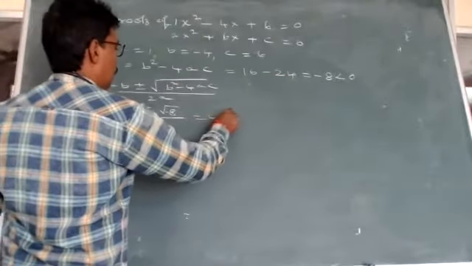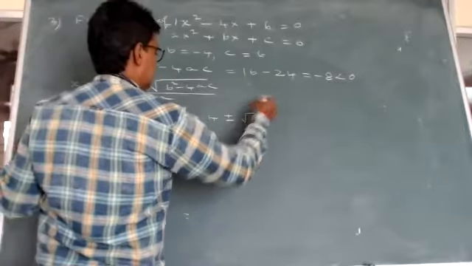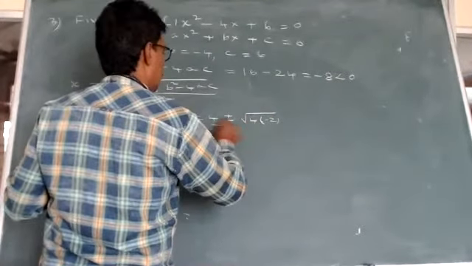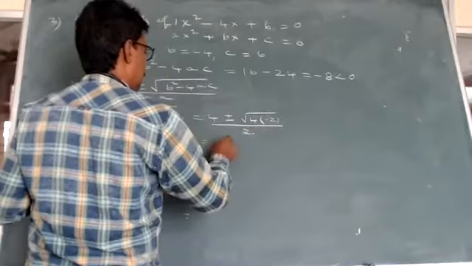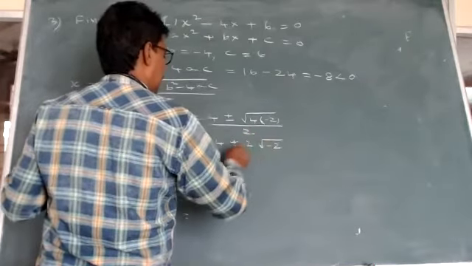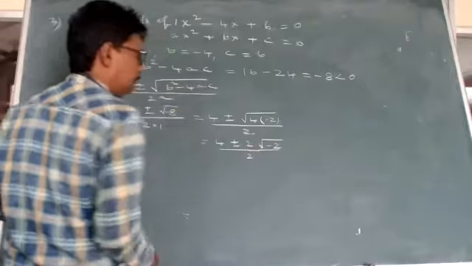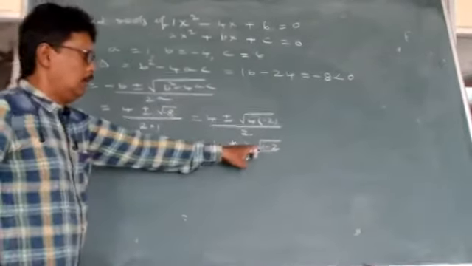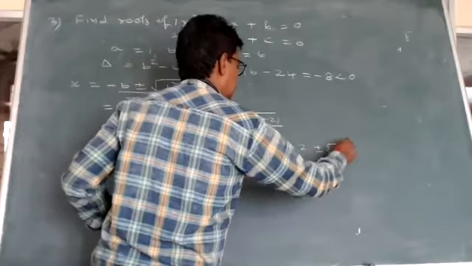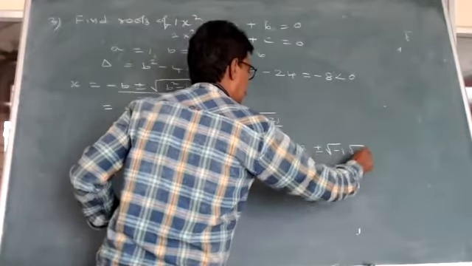Here, 4 plus or minus root of 4 into minus 2, by 2. 4 plus or minus root minus 8 by 2. Here 2 plus or minus root minus 1 into root 2.